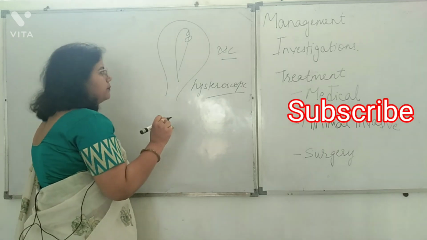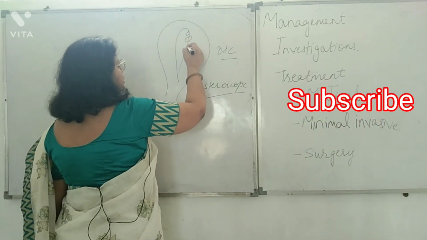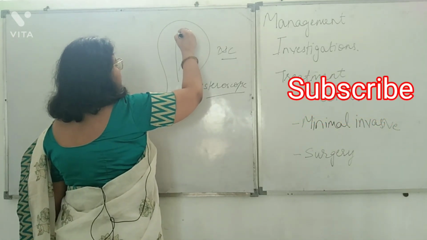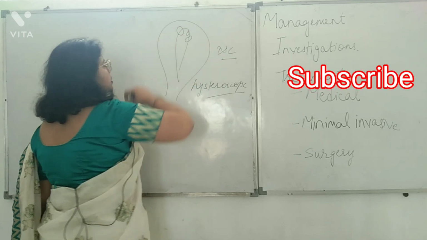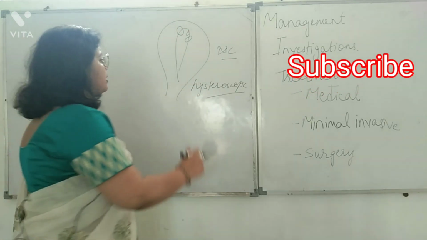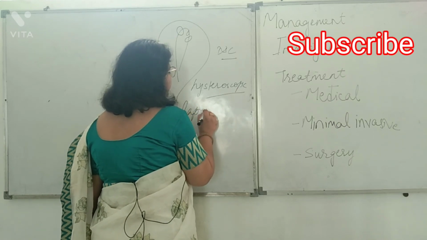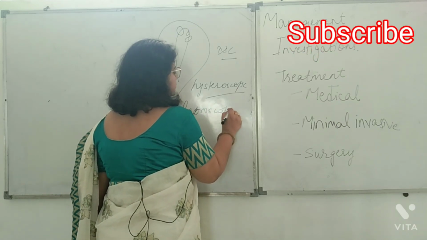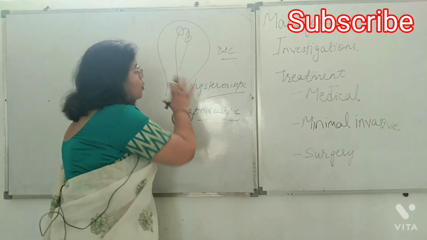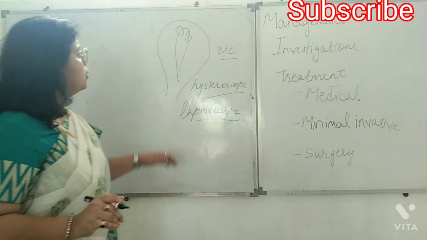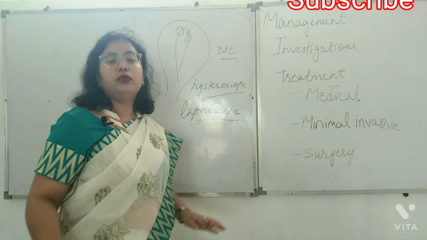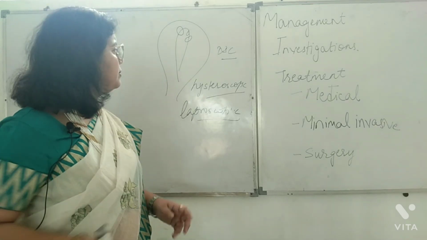If the submucous fibroid is also inside the myometrium, then it is better to do hysteroscopic myomectomy with laparoscopic guidance, to avoid any uterine perforation. So these are the minimal invasive surgeries.